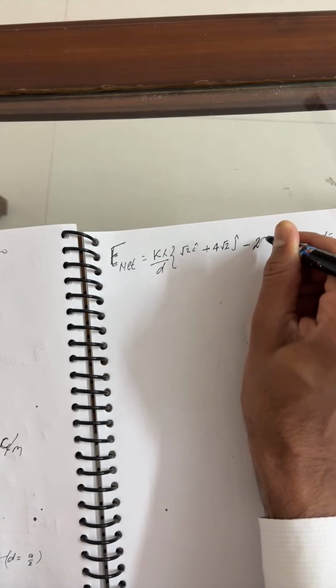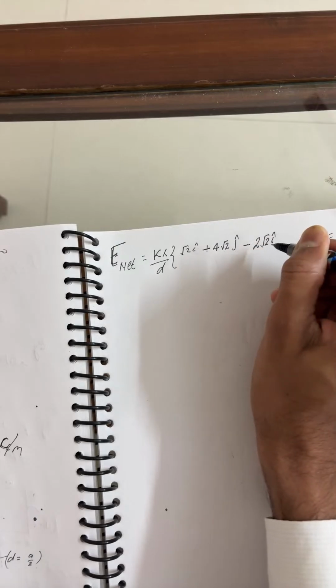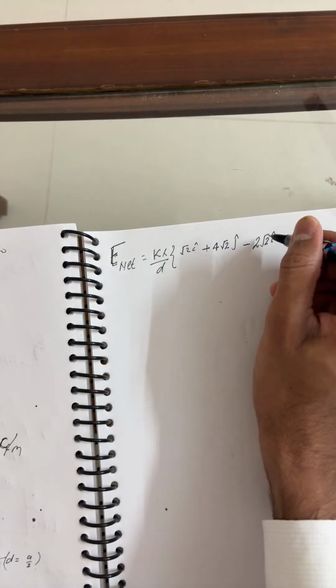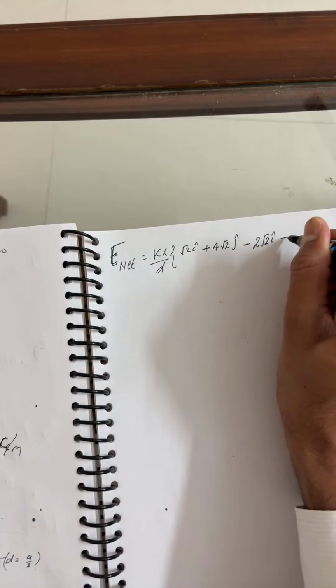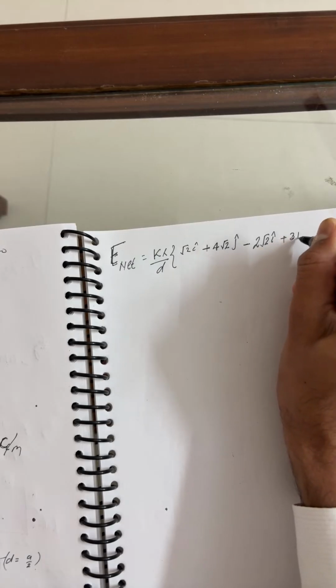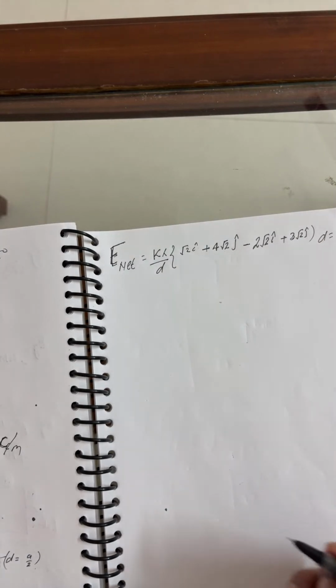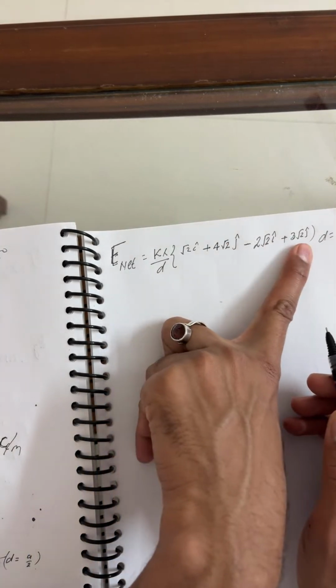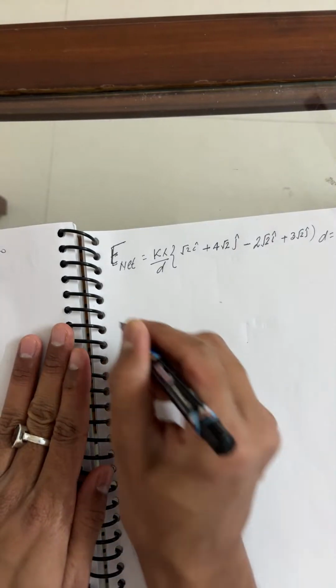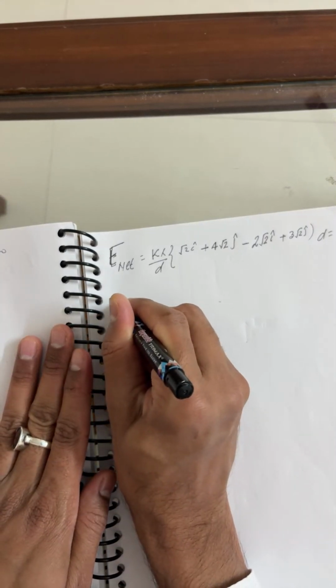Students, already I solved everything. Last, what you can see, 3 root 2 j cap. Right, simply you can say 4 root 2 and 3 root 2. Just simplify further.